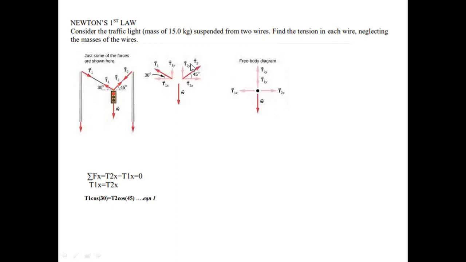For the second wire, T2x is the adjacent part, the horizontal component of this tension force, so T2x equals T2 cosine of 45 degrees. We establish this as our first equation.